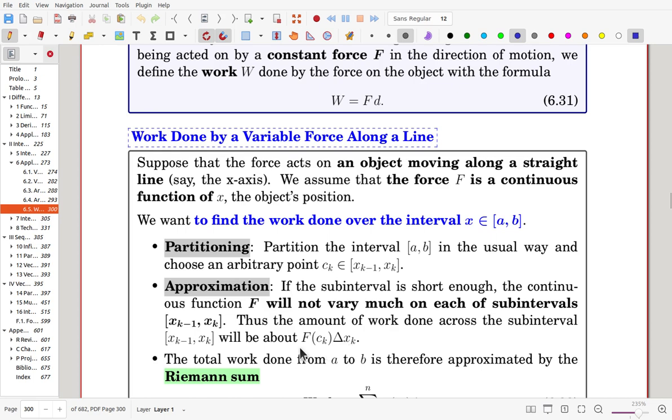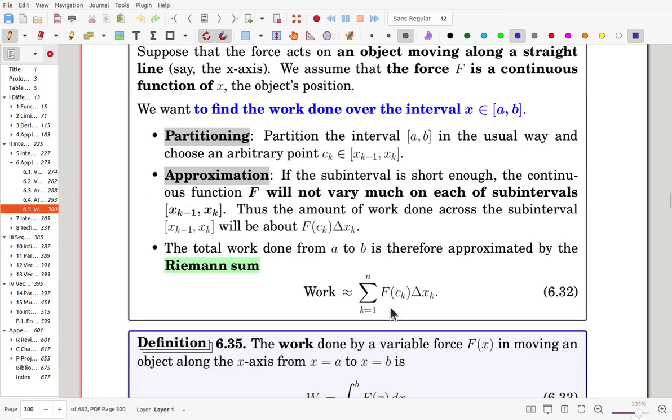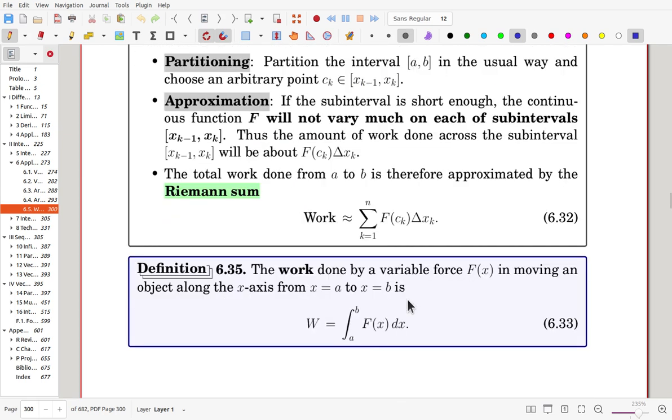So that is the approximated work on the kth interval. We sum them to get a Riemann sum, and as n approaches infinity, or the partition length approaches 0, we get the definite integral.